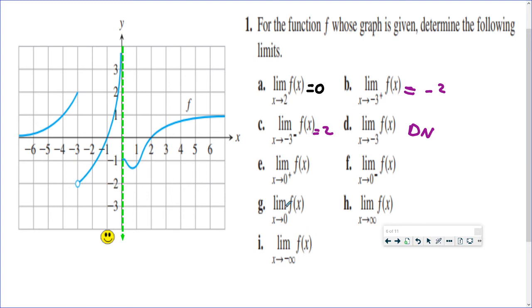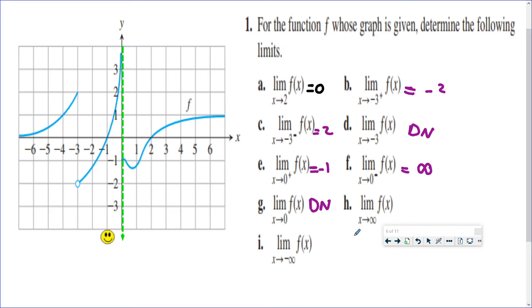The limit of the function when x approaches 0 from the right side is -1, and from the left side it goes to infinity. So since we have two different limits, we'll say the limit does not exist, DNE.